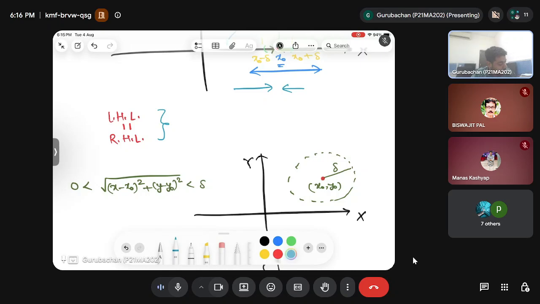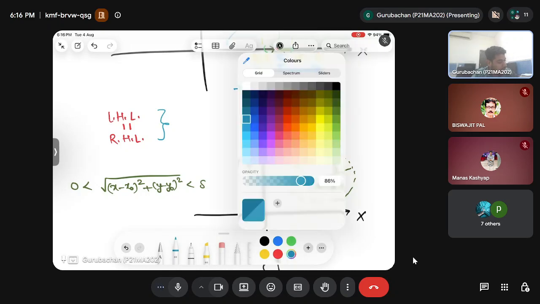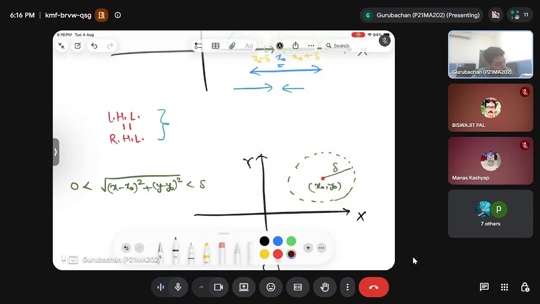But in these scenarios, it is not like that, because whenever you try to approach this point, you can approach by some y equal to x curve, y equal to x square curve, anything.